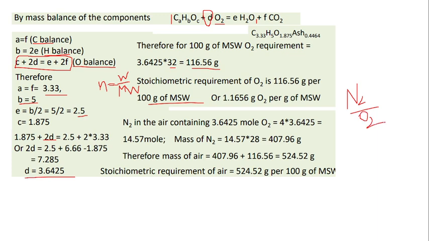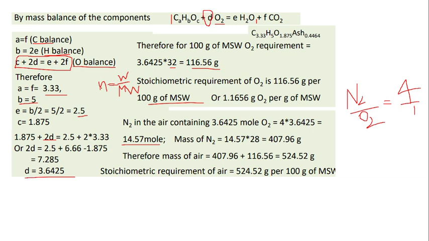For one part, 4 parts of nitrogen is required. So the N2 in the air containing 3.6425 moles of oxygen is 4 into 3.6425, which is nothing but 14.57 moles.